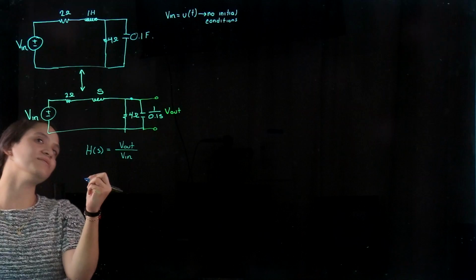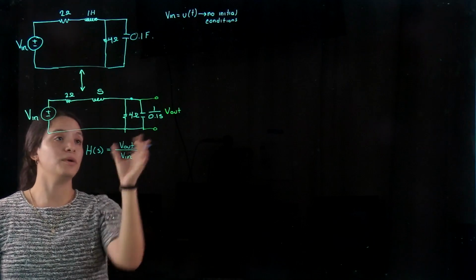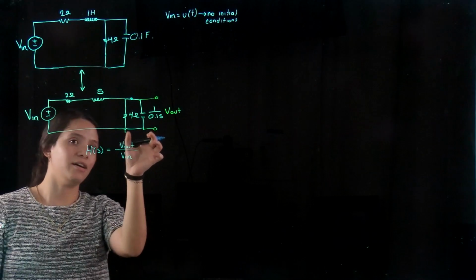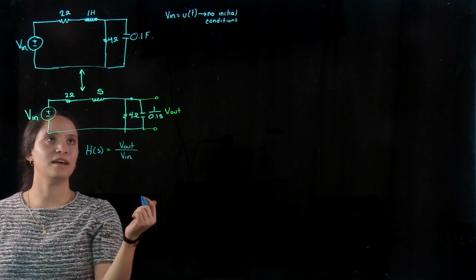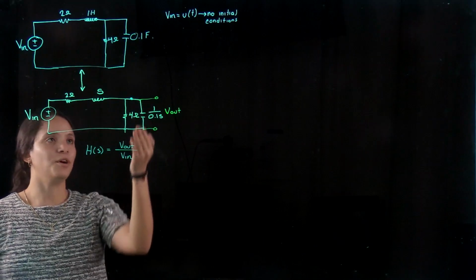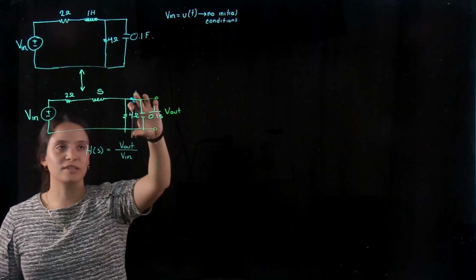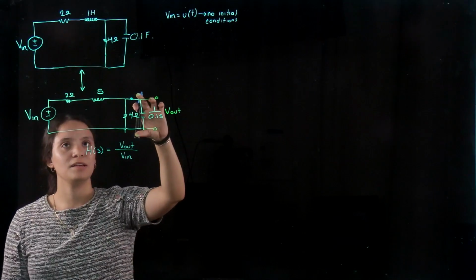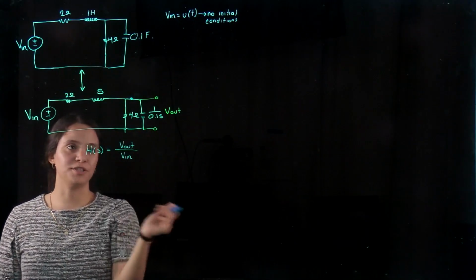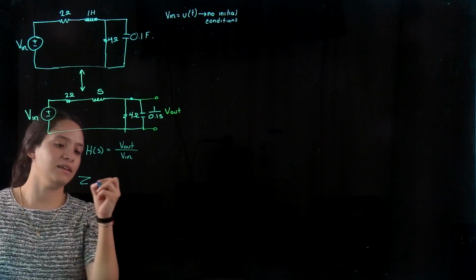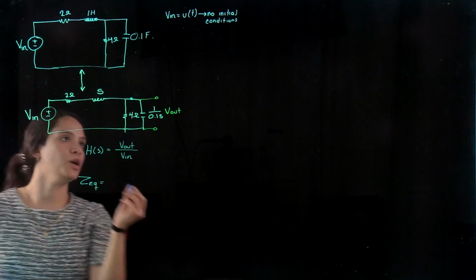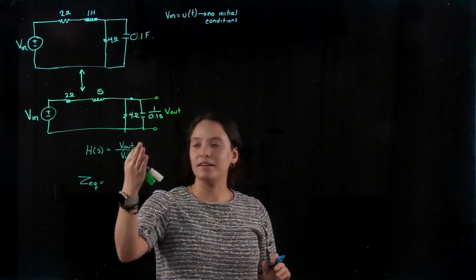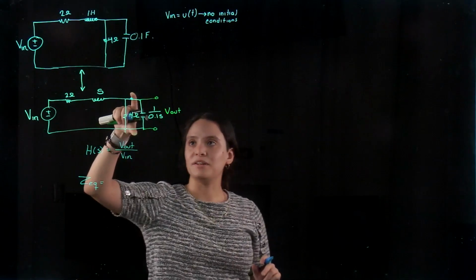To begin the voltage divider in this example, we know that these two impedances are in parallel. Now, to solve for the voltage in this impedance, we need to solve first for C equivalent, which is going to be the impedance in parallel with these two.